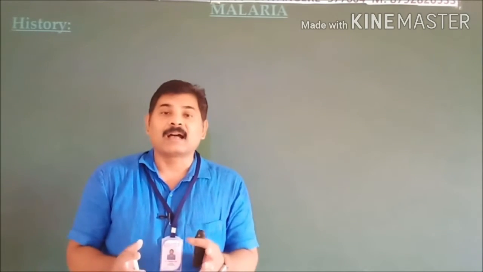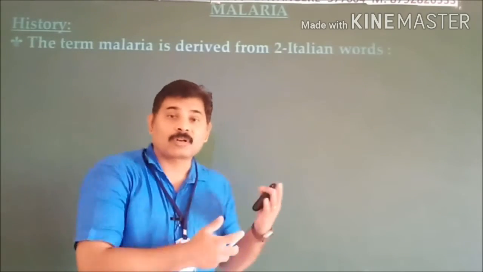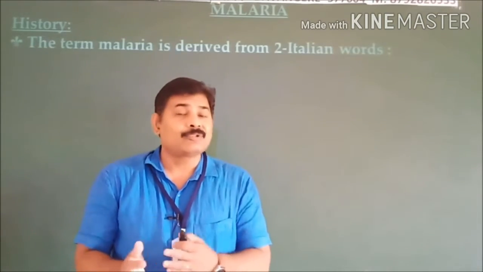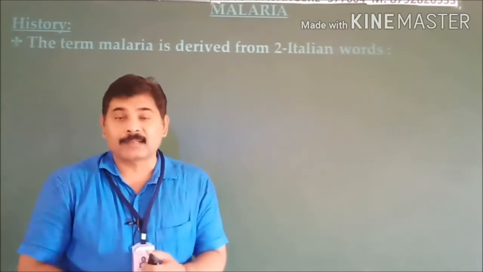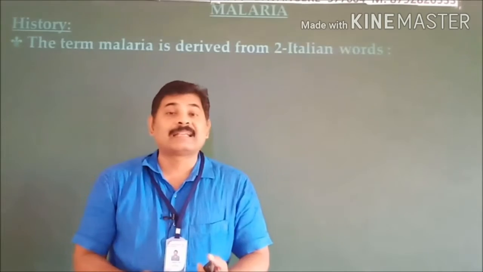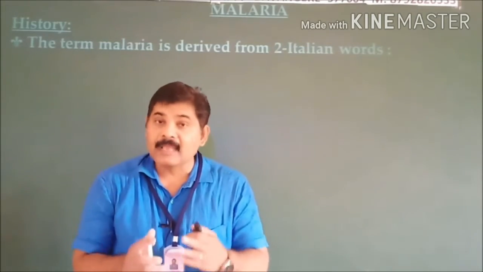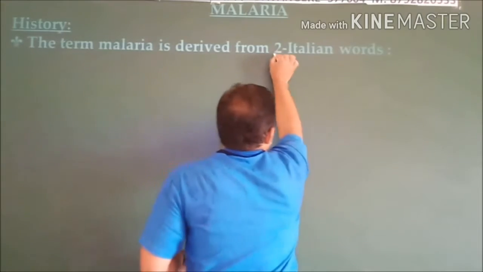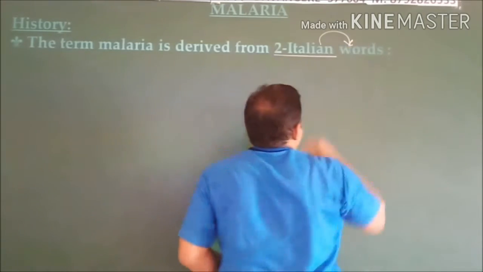Then what is the actual story of malaria? Malaria is a term derived from two words taken from Italic words. Coming to biology, most of the technical terms come from Greek or Latin, but malaria is taken from two Italian words.